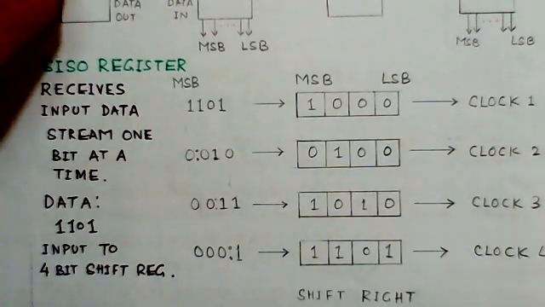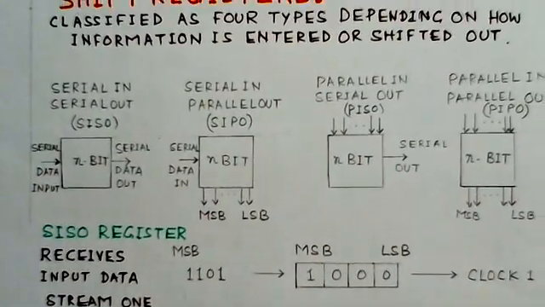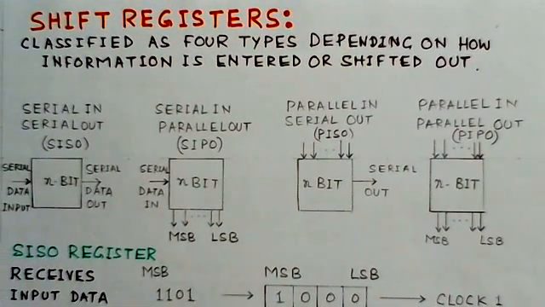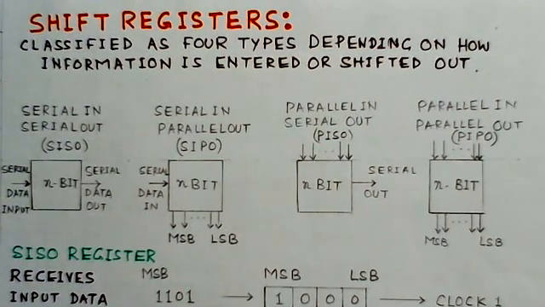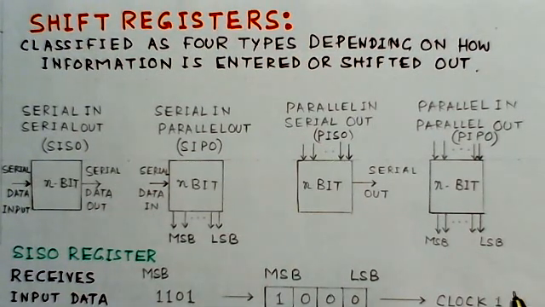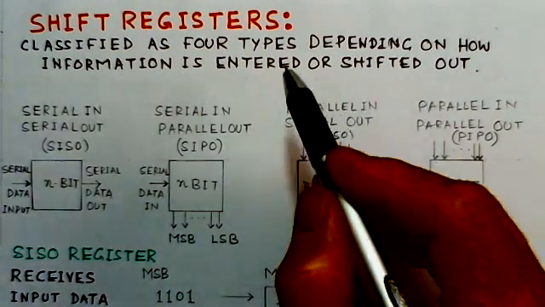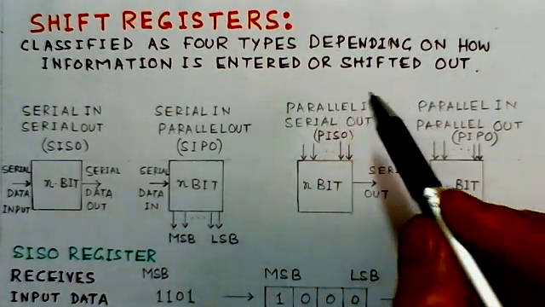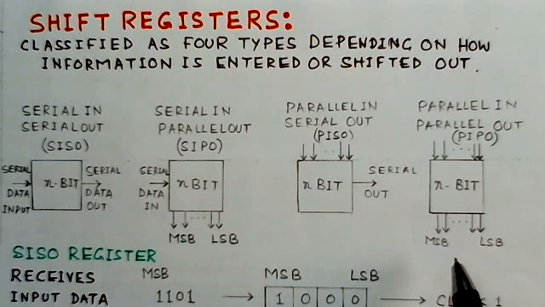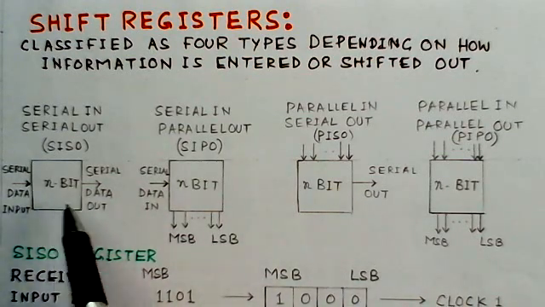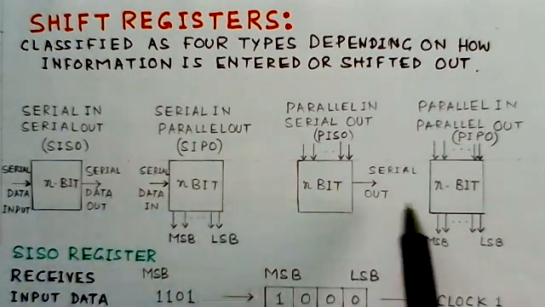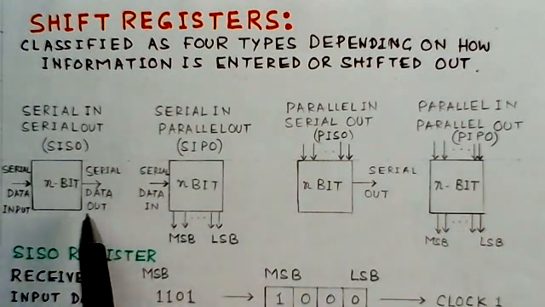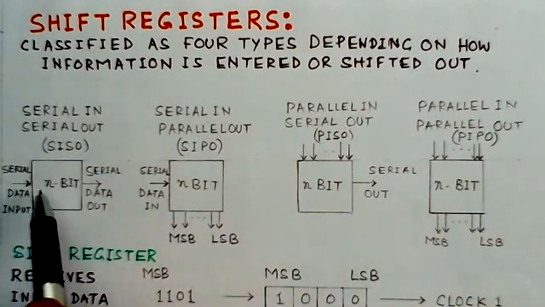Now we'll see shift registers. As we said earlier, they have been classified into 4 types depending on how the information is entered into the shift register. So these 4 types are being indicated here.